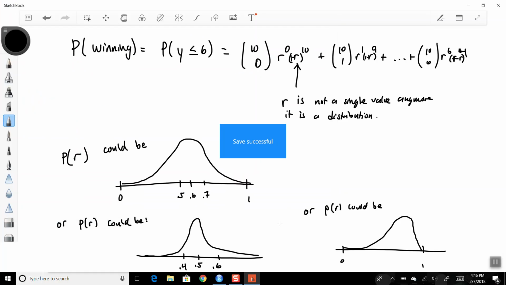Basically, we have to now consider every single possible value that R could be, and we weight every single one of those possible values of R by the probability that R is that value. I'll write that out, okay?